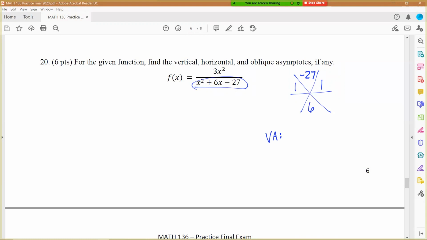Let's see, two numbers that multiply to give me negative 27 and add to give me 6. Negative 3 and positive 9. You got it. So 3 times 9 is 27. We want the 3 to be negative so that we can add to get positive 6.